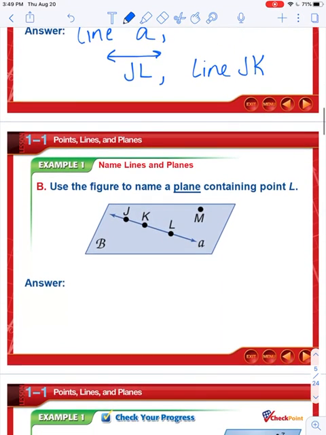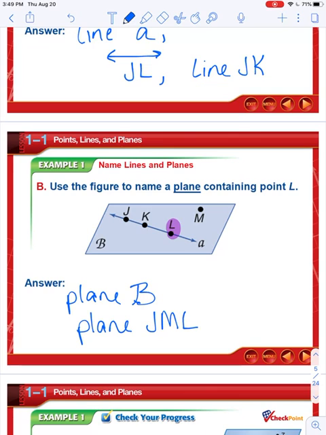All right. We also, for the next one, want to use the figure to name a plane containing point L. So the plane, we can name in a couple ways. We can name it plane, notice how I'm putting the word plane in front of it, plane with a scripted B. We can name it plane JML.